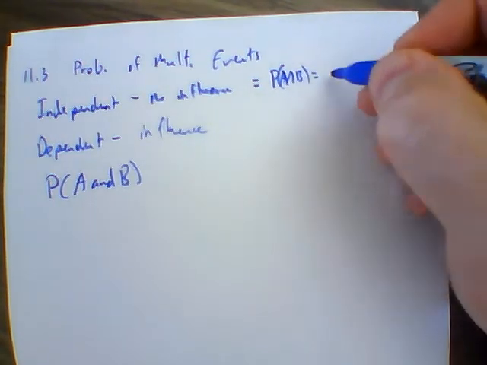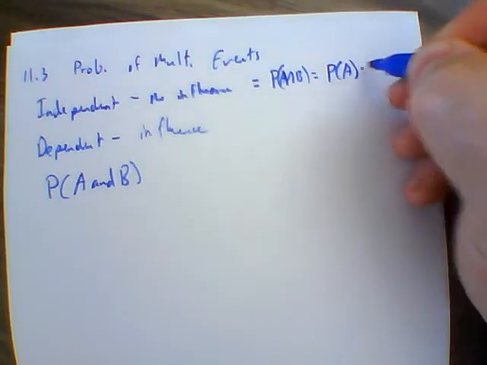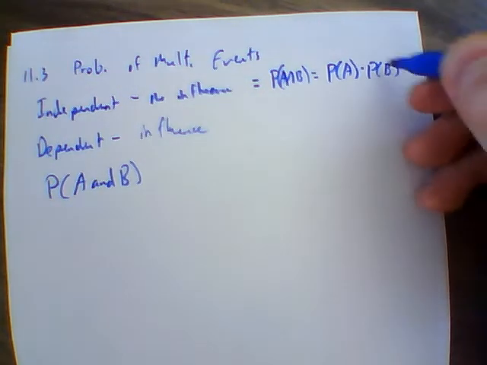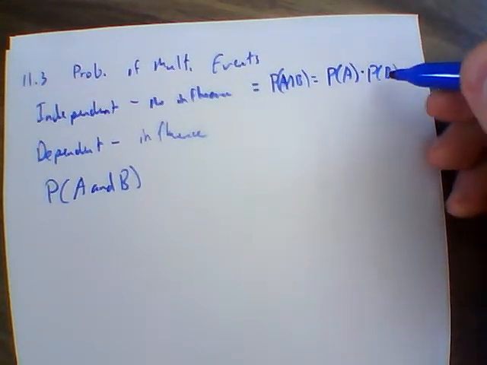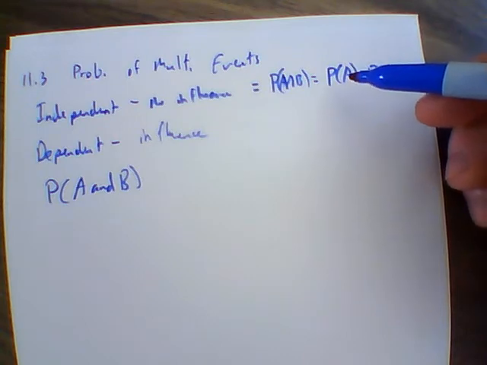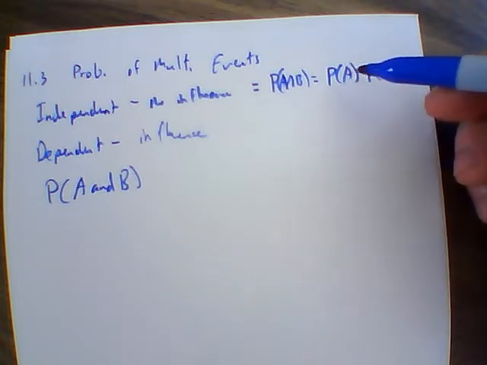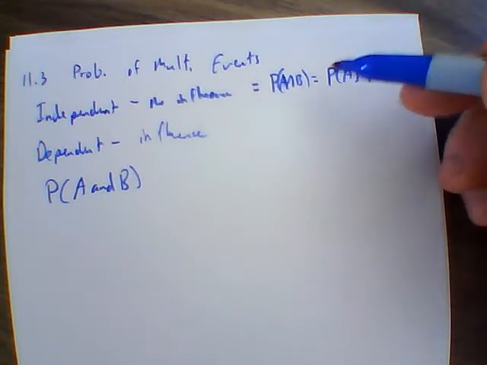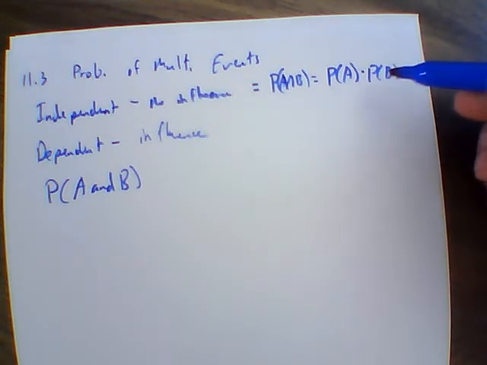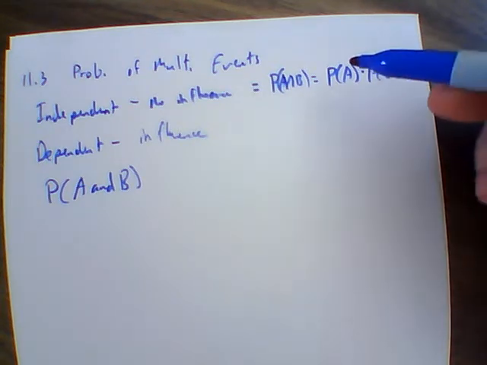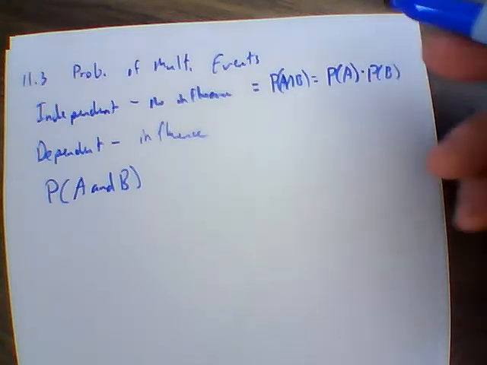So A and B happen. We're going to take probability of A times probability of B. Once again, there's no outcome change here. This could happen if we pull a number out of a hat, throw it back in, and then pull out a second number. There's no outcome change that's happening in here. We have two separate events, and we talk about each one being independently done.